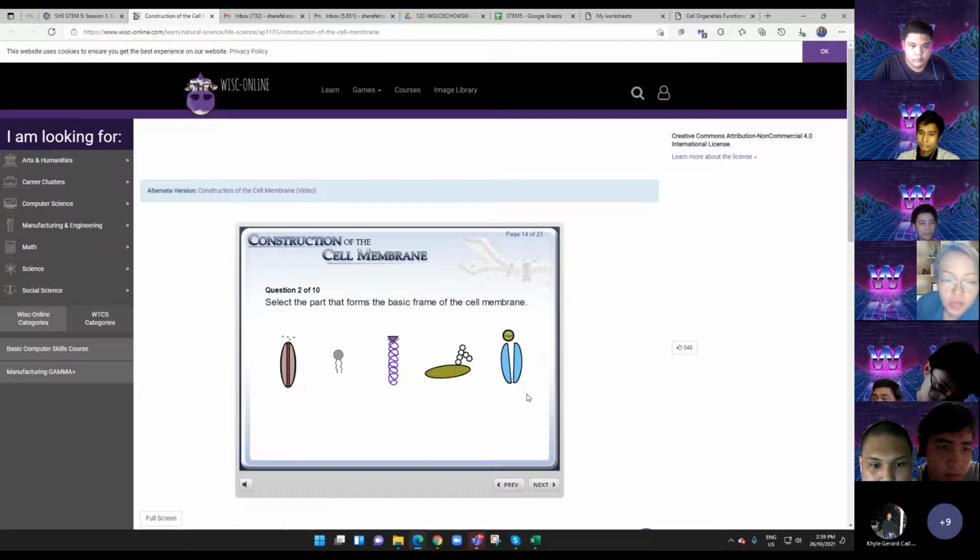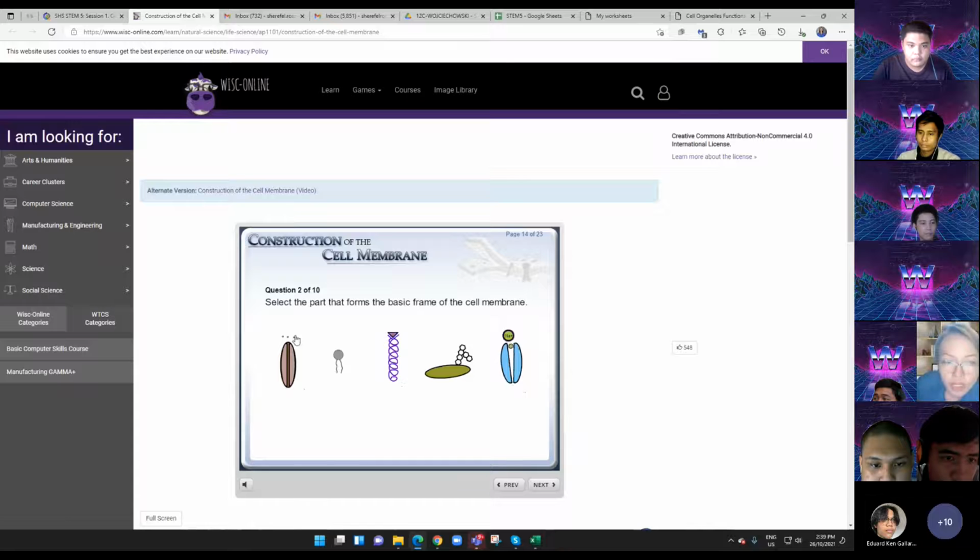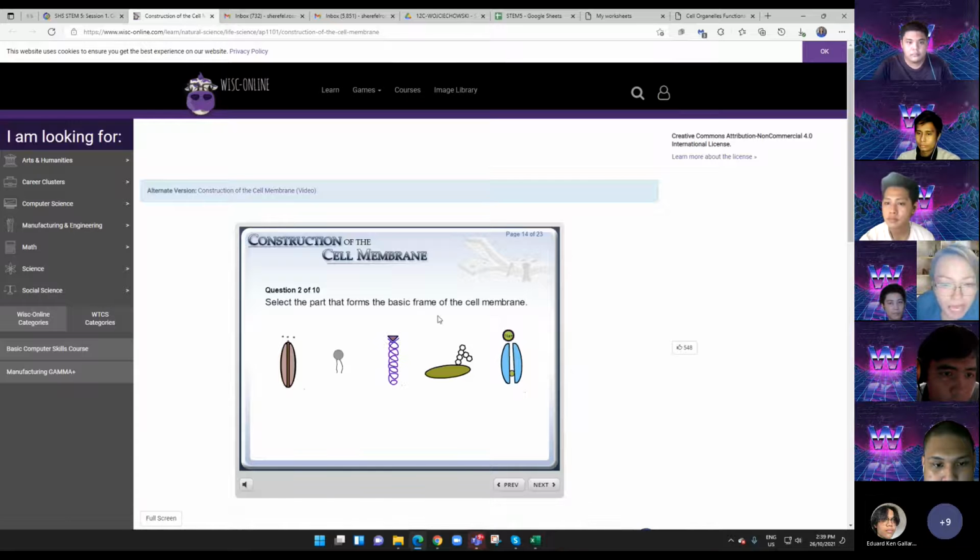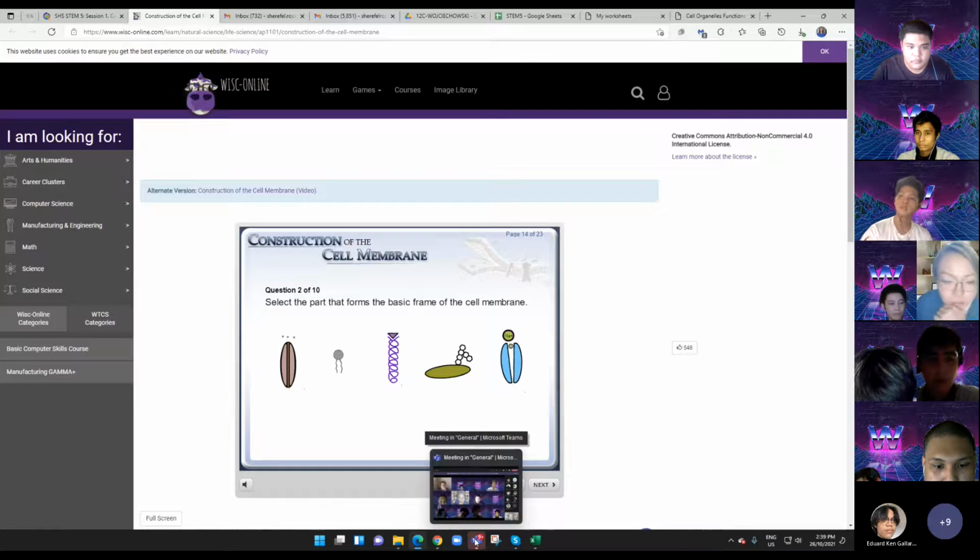And in this diagram, select the part that forms the basic frame of the cell membrane. Kanyada, first, second, third, fourth, fifth. Basic framing of the cell membrane. Asa ni Kanyada? Third, ma'am.